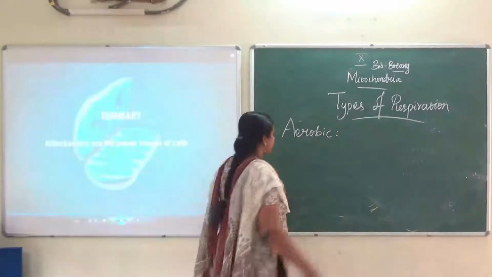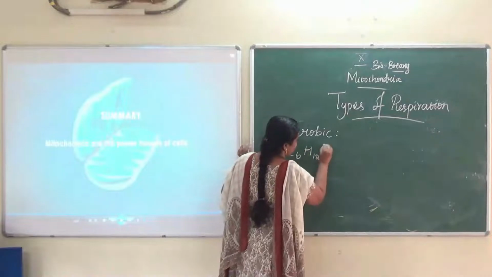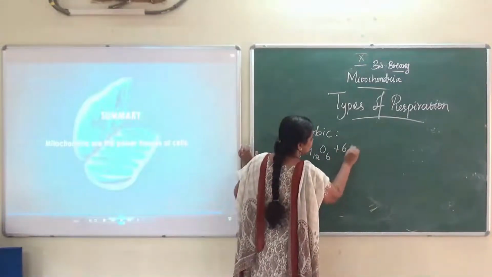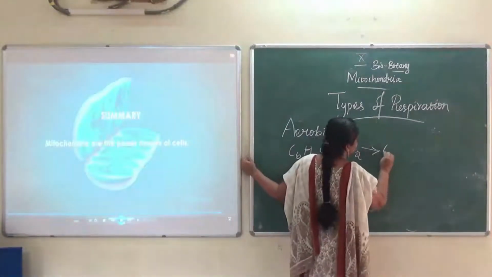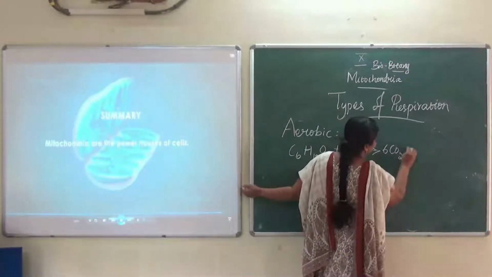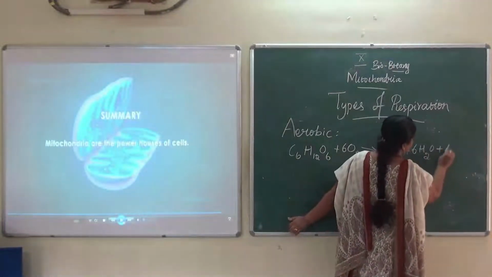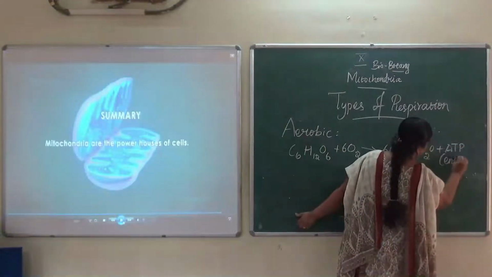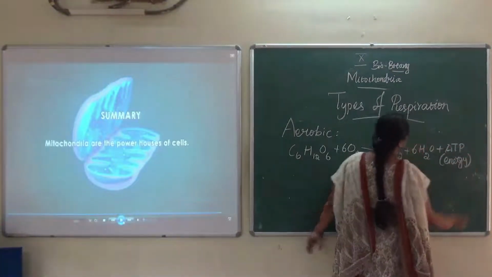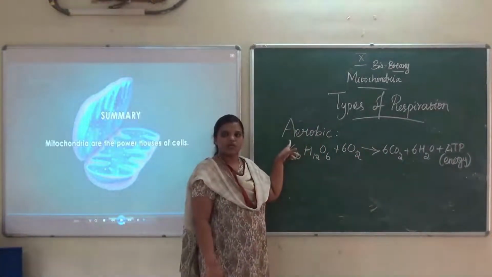The overall reaction: C6H12O6 plus 6 molecules of oxygen forms 6 molecules of carbon dioxide and 6 molecules of water plus ATP, which is energy. This is the overall reaction of aerobic respiration.